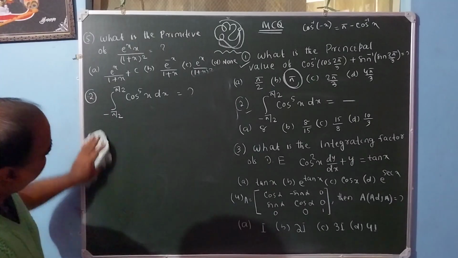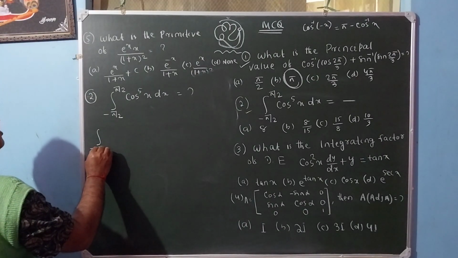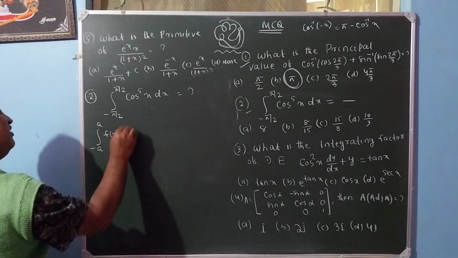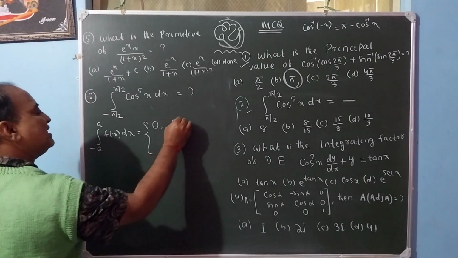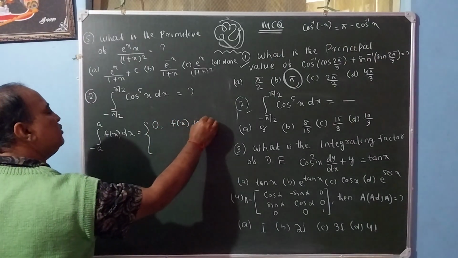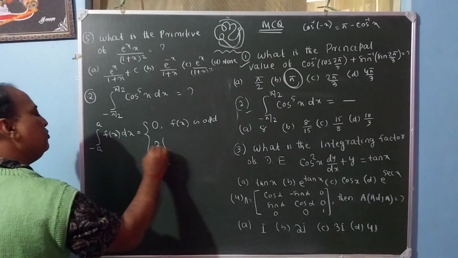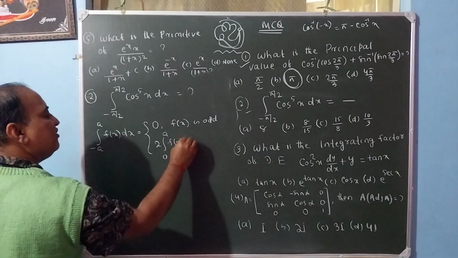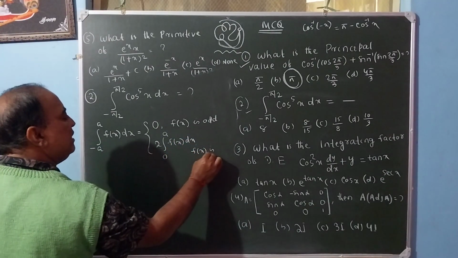Okay, so we know one formula. Integration from minus a to plus a of f(x) dx, whose value is 0 when f(x) is an odd function, and 2 times integration from 0 to a of f(x) dx when f(x) is an even function.